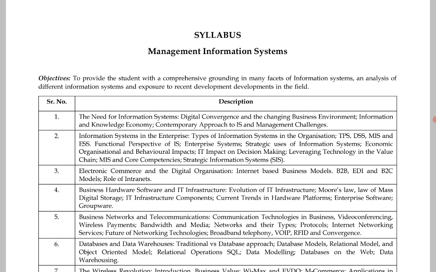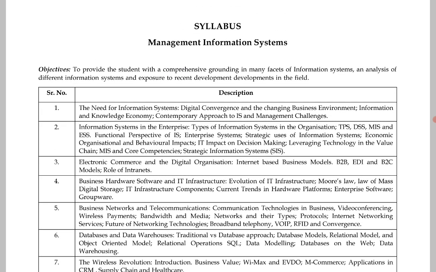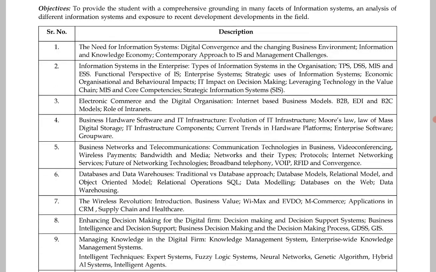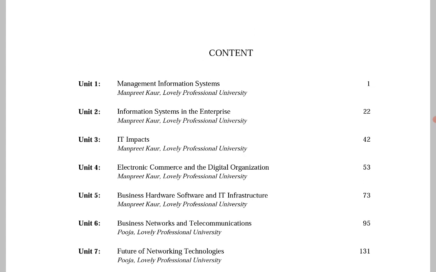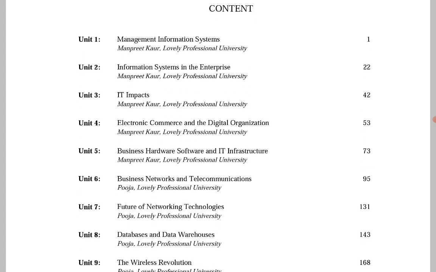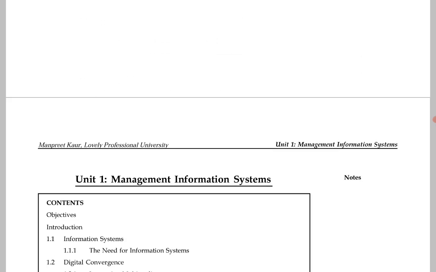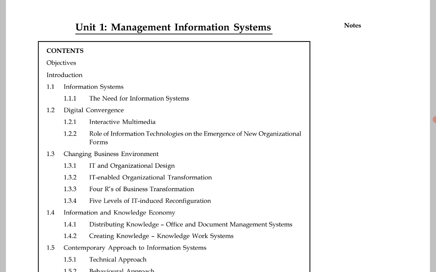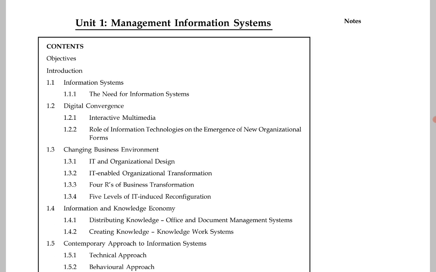According to this book, the syllabus is the need for management information systems, digital convergence and changing business environment, information and knowledge economy. Unit 1 is information systems. So we start with this Unit 1. What is the information systems?